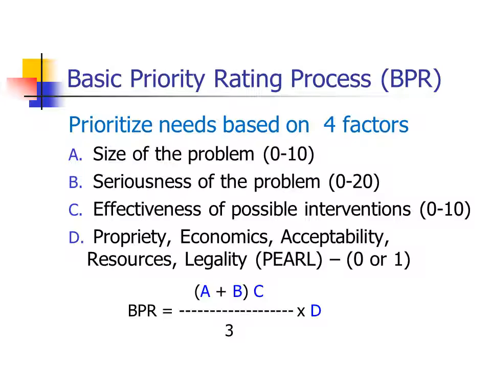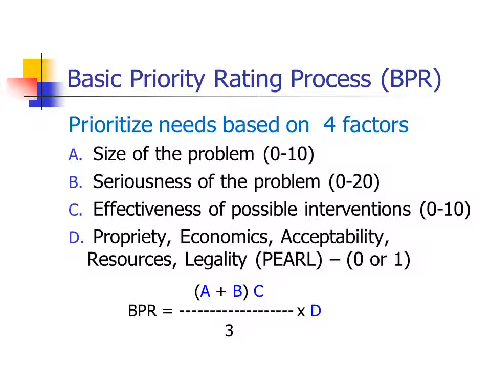So A is the size of the problem, and with that we'd want to look at epidemiological incidence rates. So of 3 or 4 or 5 health problems, which of those is the highest in terms of this particular community? So that can be a fairly objective measure. The seriousness of the problem is a little bit more subjective, but what we're asking there is, if we don't do anything about this, what are the consequences?